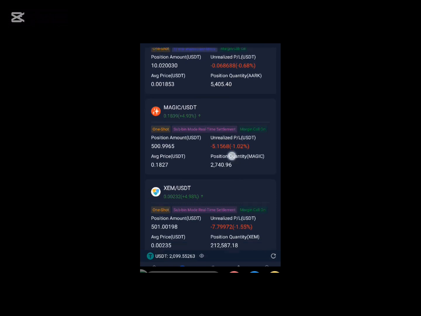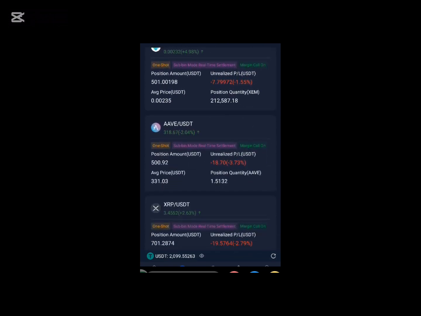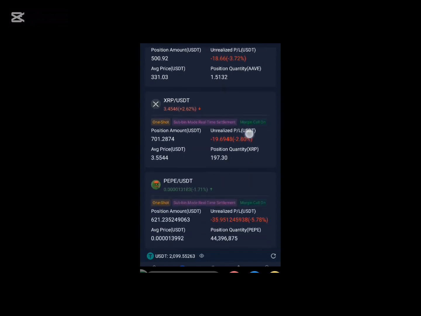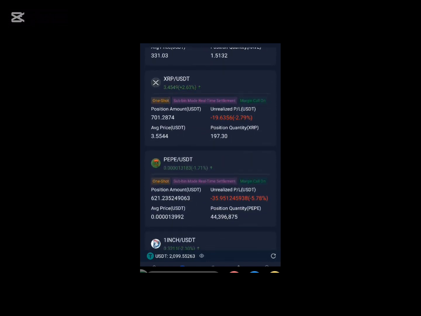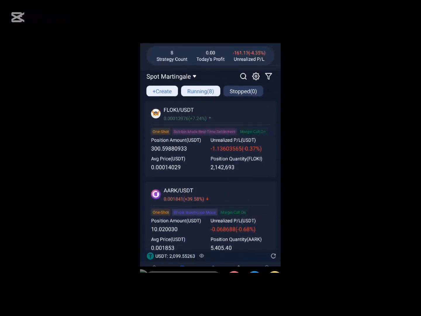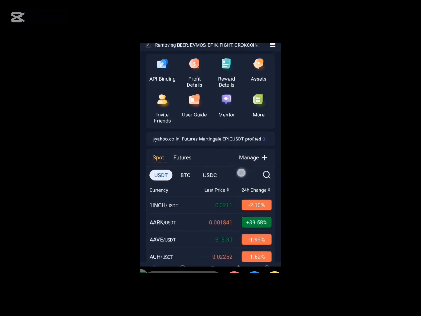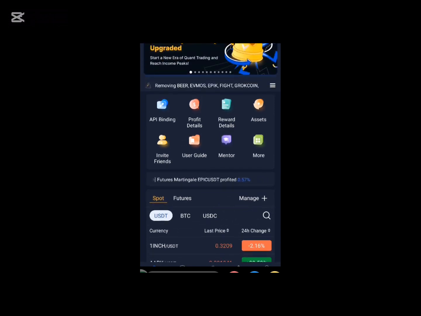Magic $500 as bought, sell 501. Pep 621. That is all 8 trades. So that's how you can check your trade. On strategy, you see the present trades you are trading. So that is for that.